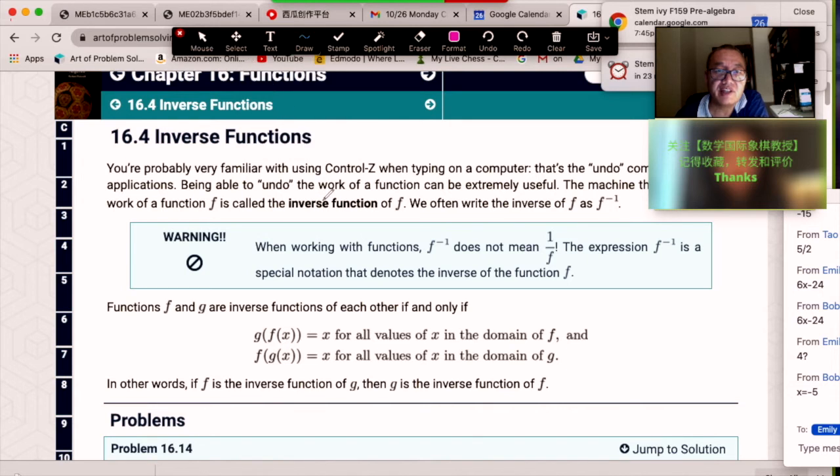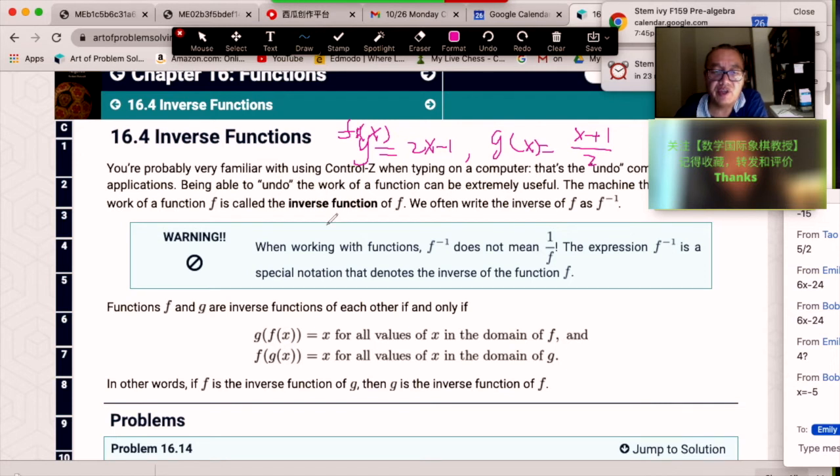See the example I give you. Suppose f(x) equals 2x minus 1, right? Suppose this one is f(x). The g(x) suppose equals (x plus 1) divided by 2.